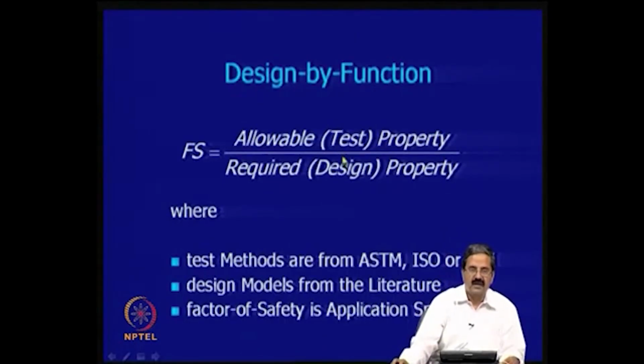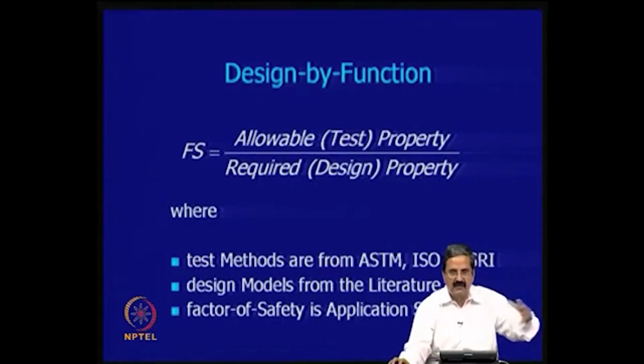So, as I just mentioned, particularly when you adopt a design by function approach, we always have allowable property divided by required property. For example, you are trying to take a geogrid, we know its tensile strength, and how much is the force, say as I said, earthquake force is this much or driving force is this much.